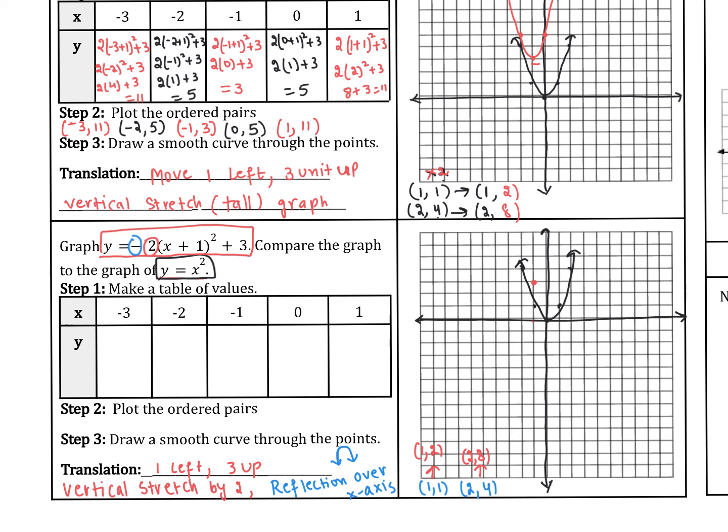So from this point, you're going to go 1 over, 2 down because of the negative sign, and then you're going to move 2 over and 8 down. So that's going to be 1, 2, 3, 4, 5, 6, 7, 8. This point is the reflection.